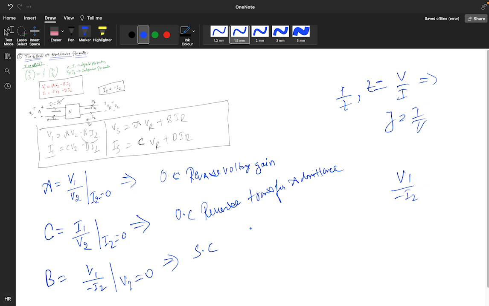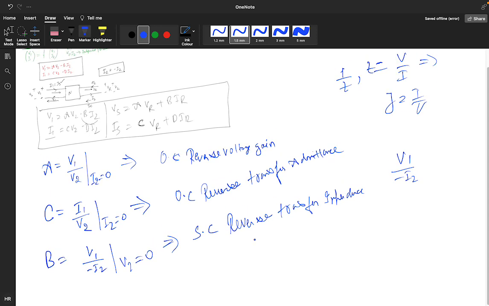It means it is reverse transfer impedance. What about D? D is I1 by minus I2.